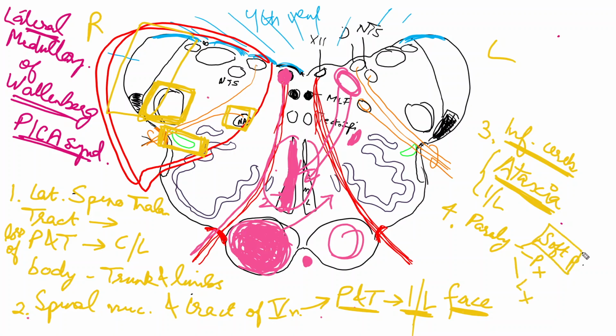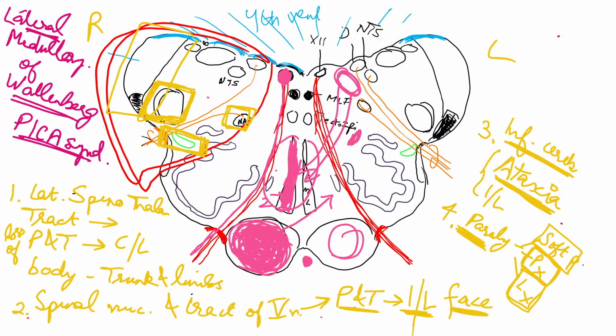Because of involvement of soft palate muscles, there will be dysarthria, difficulty in articulation of words, which can also happen by paralysis of lips and tongue, but it can happen by paralysis of soft palate also. Because of paralysis of muscles of pharynx, there will be difficulty in swallowing, that is dysphagia. And because of paralysis of muscles of larynx, there will be difficulty in producing voice, that is dysphonia. So these features happen because of nucleus ambiguus.